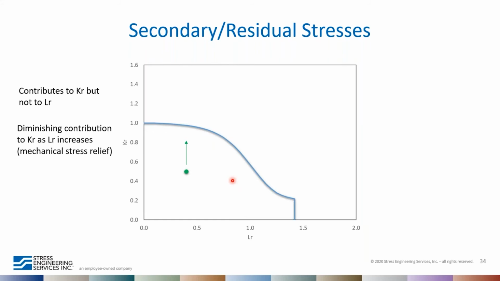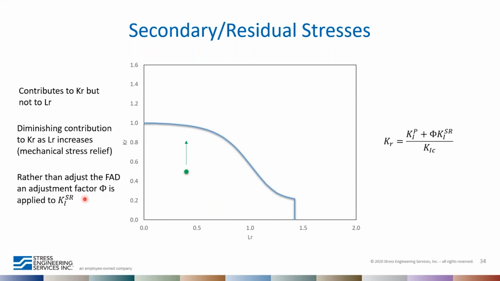And so in order to account for this, rather than adjusting the boundary of the FAD again, a new factor, this is a phi factor, is introduced to the K1 contribution from secondary stresses. So then the KR solution becomes primary and secondary stresses adjusted by this factor ratioed against the critical value.